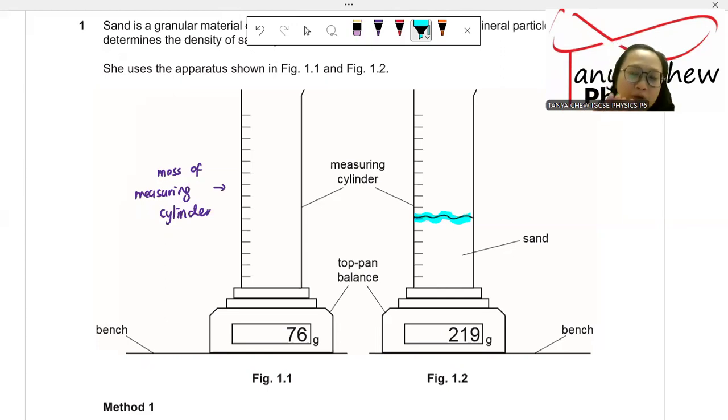That is why you cannot form a horizontal line on the measuring cylinder, which makes the reading of the volume that will be taken from the measuring cylinder very hard. So the reading that you take might be larger. Some of the students would take this peak as the reading of the volume. That will be very, very inaccurate.